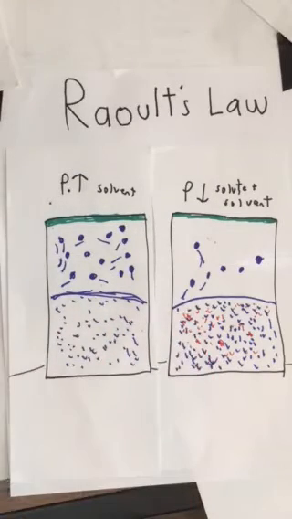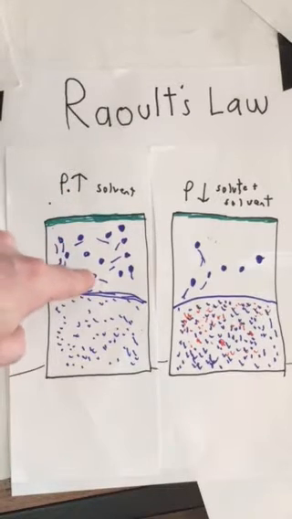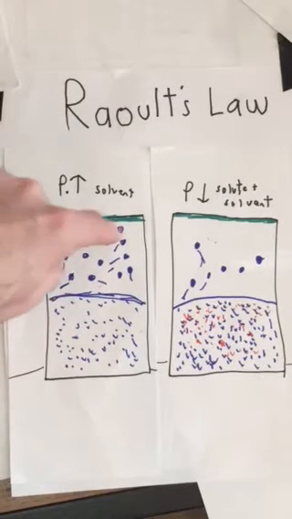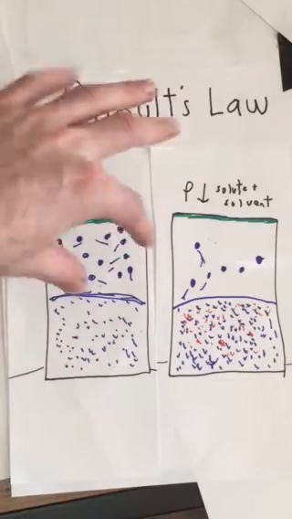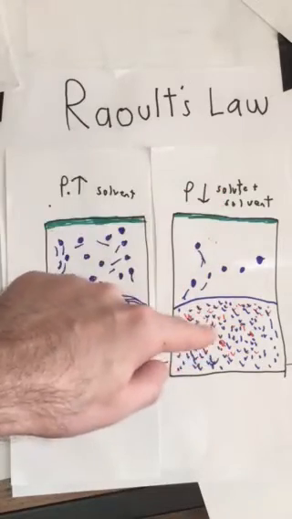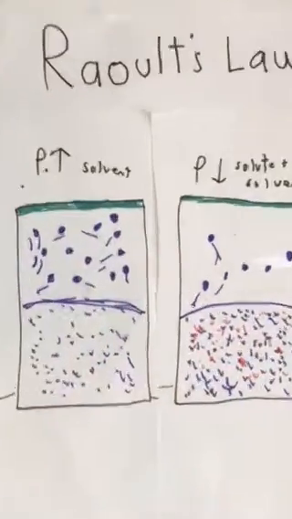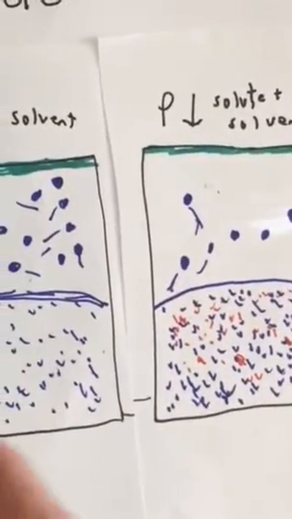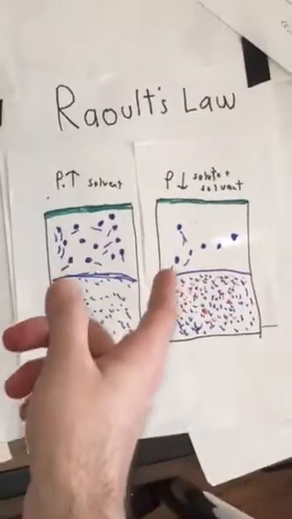And this picture here, before we work through it, basically shows you and me if we have a pure solvent, it will have a high vapor pressure because all these molecules can be vaporized. But when you have a solute added to the solvent, that solute, which is in red here, mixes in with the solvent, and it doesn't allow as many of the solvent particles to evaporate.